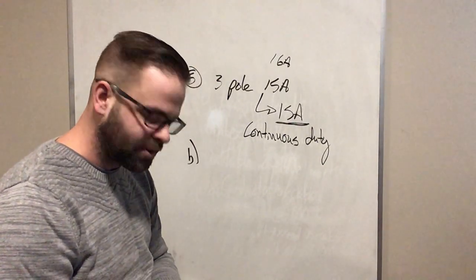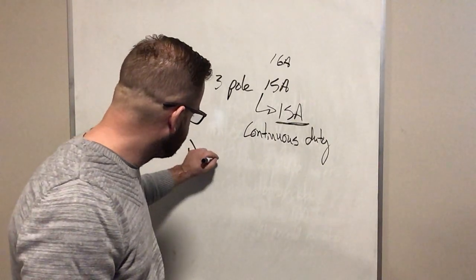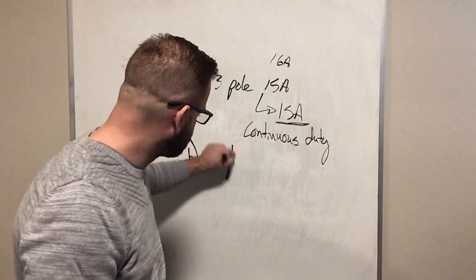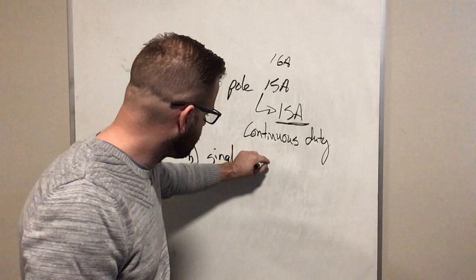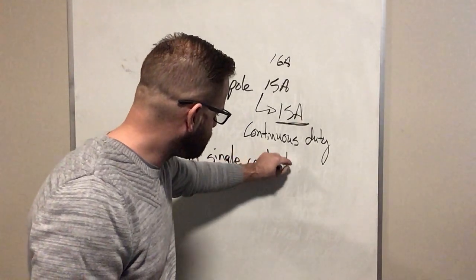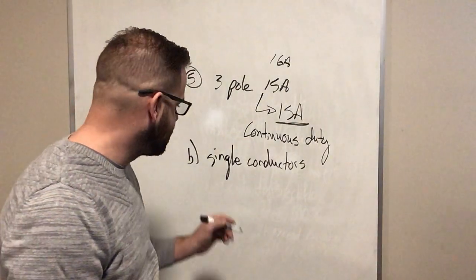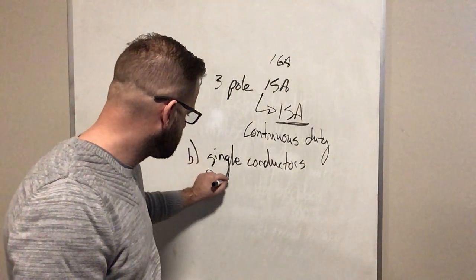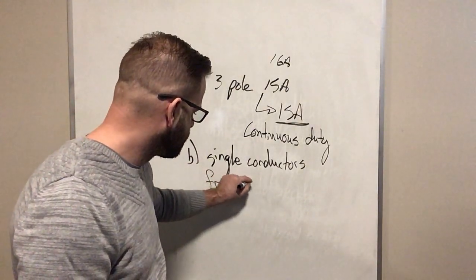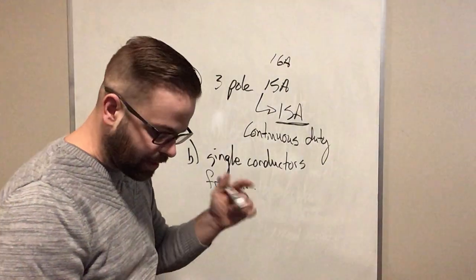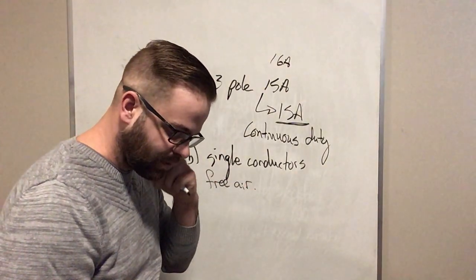So this is referring to single conductors, and single conductors would be those that would be in free air. And so that would be tables 1 and 3, so it's referring to tables 1 and 3.